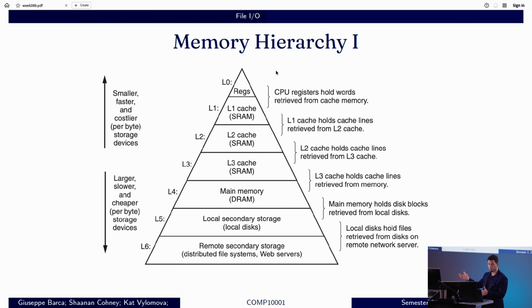The next level is larger, much larger storage. So these days, again, let's say DRAM will be between 8 to 64 or 128 gigabytes. The next typical level is a solid state disk on your system, and that's up to 4 terabytes.